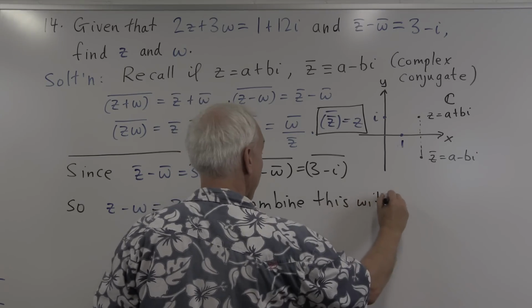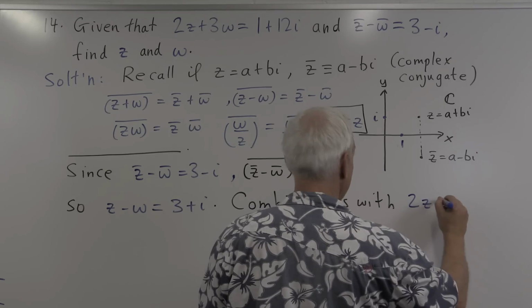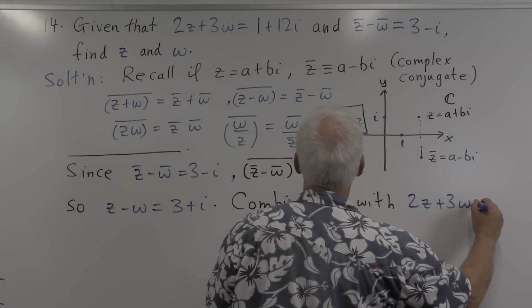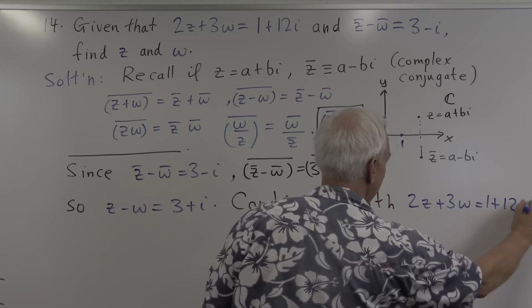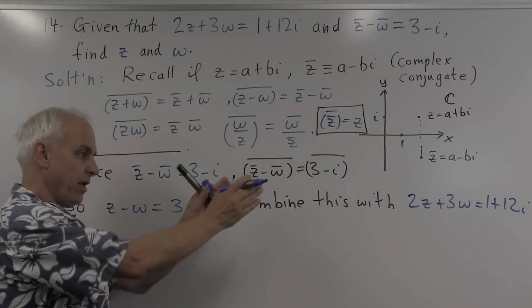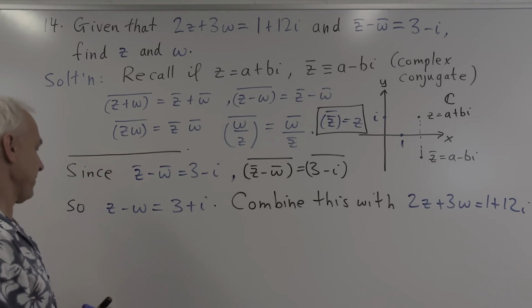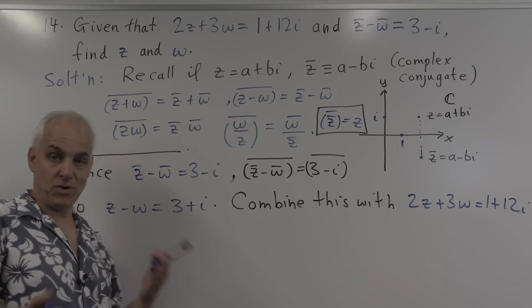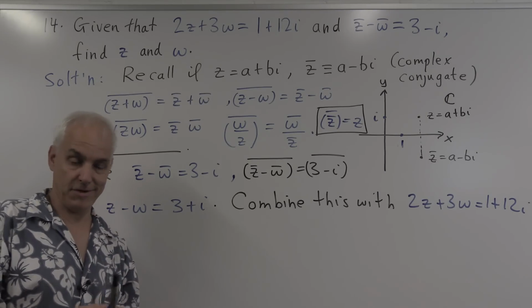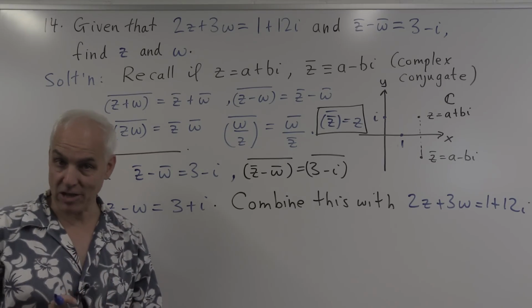So combine this with the first equation that we have, which is 2z plus 3w equals 1 plus 12i. How are we going to combine these equations to find out what z and w are? Well, this is a situation of two equations and two unknowns. Very basic, kind of important, motivating example in linear algebra.